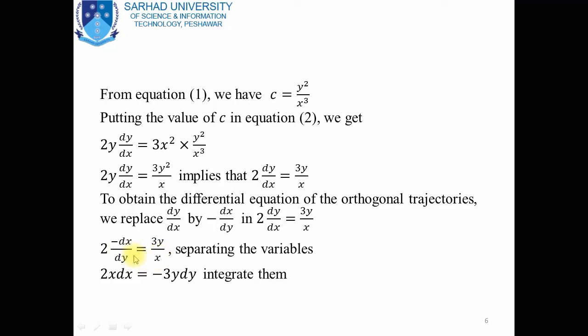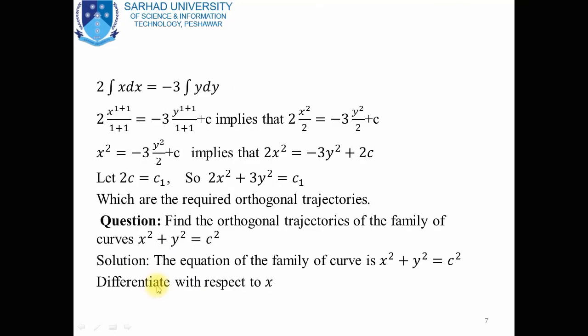So by separation of variables, now we can solve this differential equation. By cross multiplication, we obtain 2x dx equals minus 3y dy. Since separation of variables is possible, taking integration, we can solve this differential equation. The integration of x is x square divided by 2, and the integration of y is y square divided by 2.